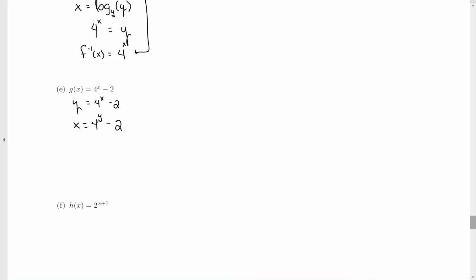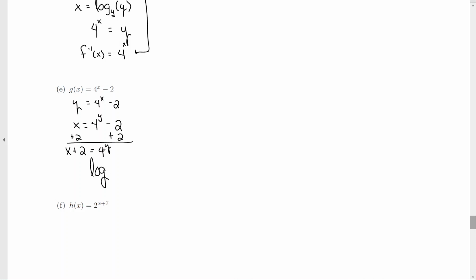Get the y term by itself, so I'm going to have to move the minus 2 first. Add 2 to both sides of the equation. X plus 2 equals 4 to the y power. Now you can't divide by 4 because that's not hooked by multiplication. That's an exponent, so I need the word logarithm to get me out of this mess.